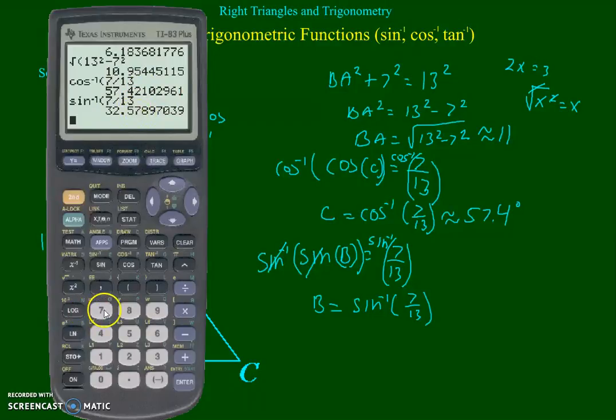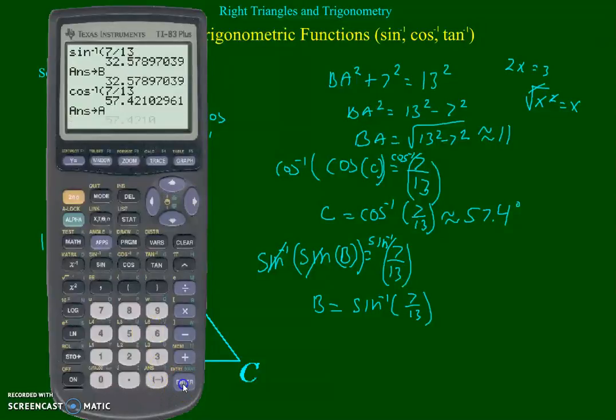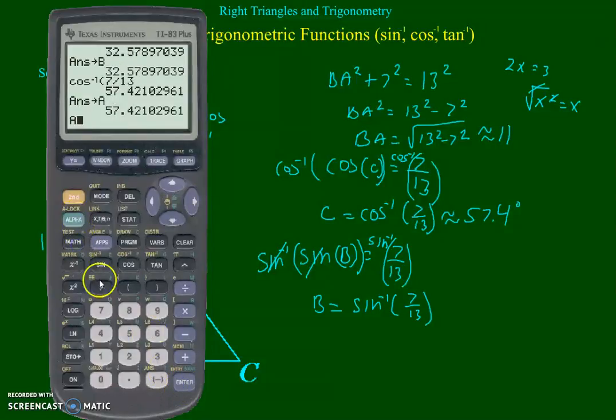So if we did this again, let's store this, and then let's do this expression again. So there's the cosine, and let's store that in A. Now let's add those two together, A plus B, and they should come out to 90.